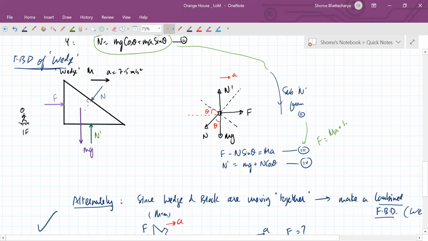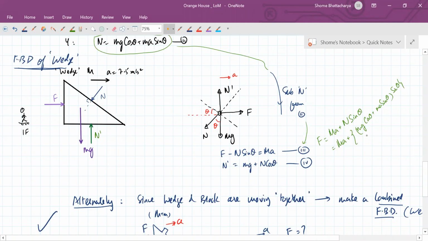ma plus N sine theta. So that is ma plus mg cos theta plus ma sine theta, the whole thing into sine theta.